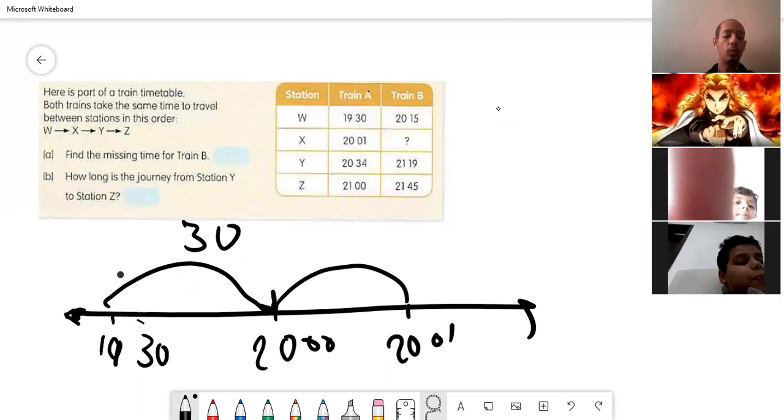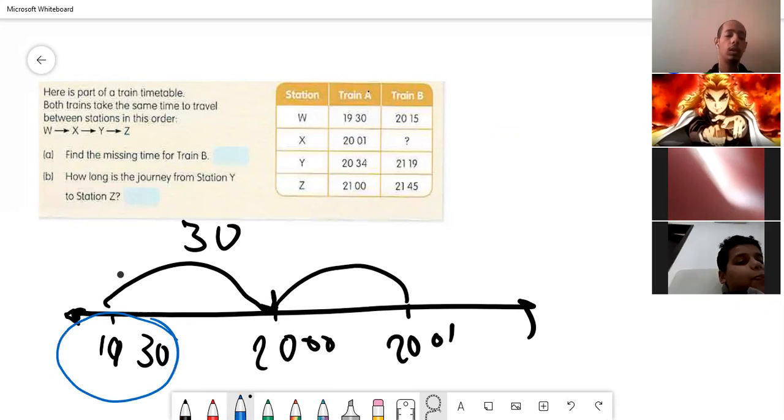So I place the first time here, the leaving time of train A from W, which was 19:30. From 19:30 to 20:00 is 30 minutes. Then from 20:00 to 20:01 is 1 minute.